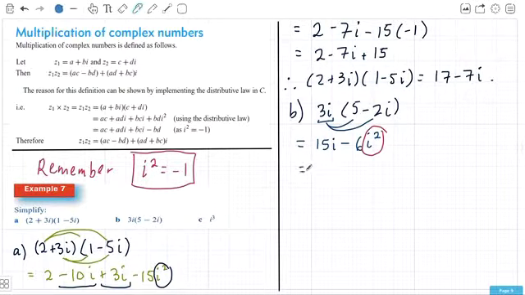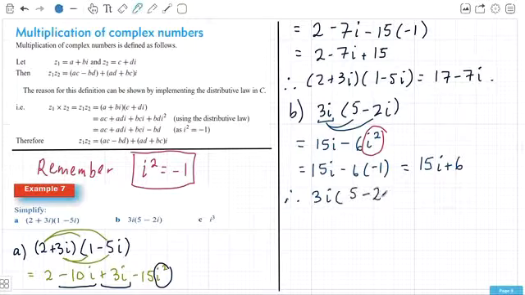So we're going to have 15i minus 6 times -1, which equals 15i plus 6. So for that question, 3i outside of 5 minus 2i, our answer is 6 plus 15i.